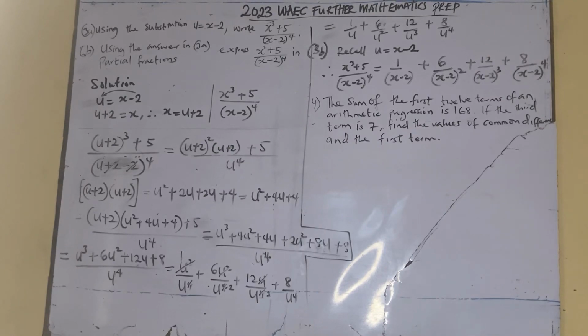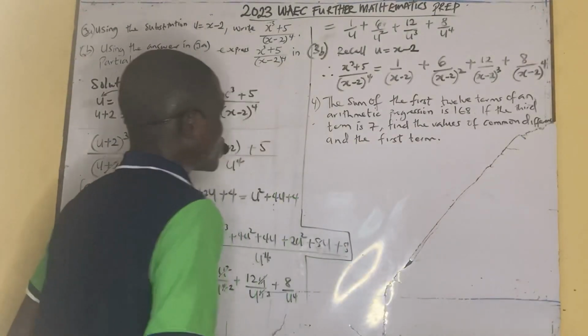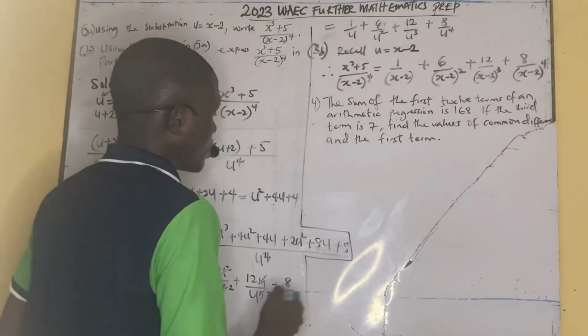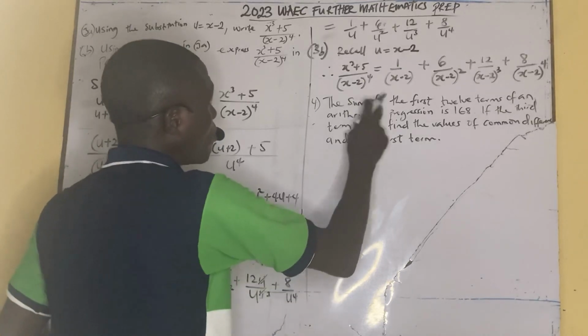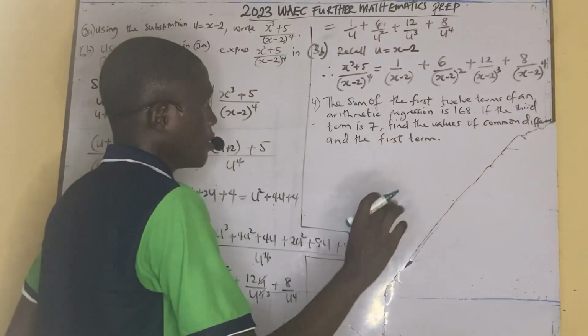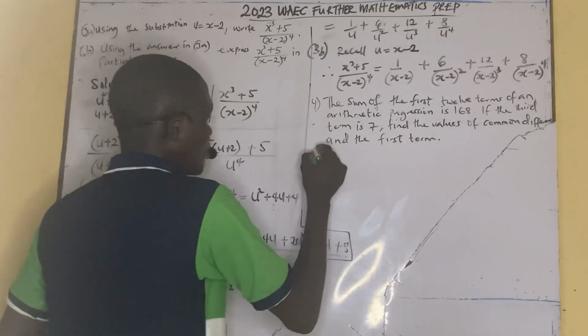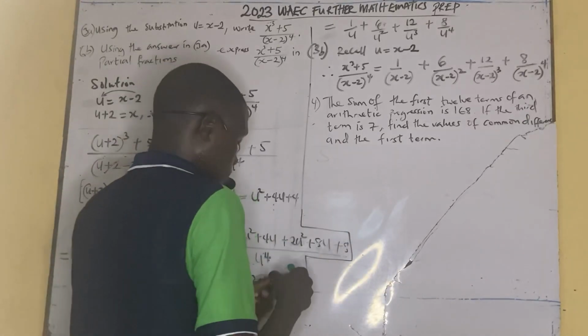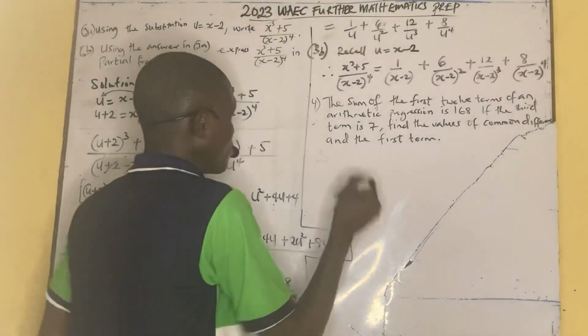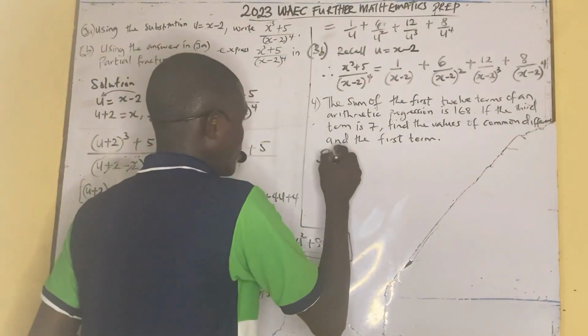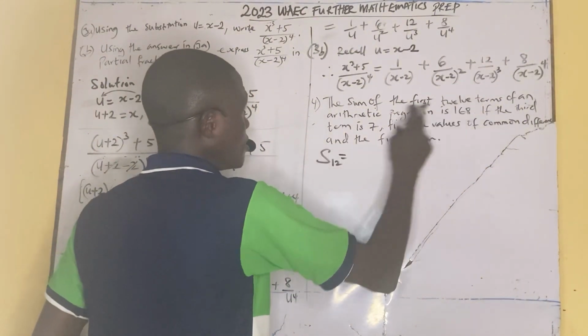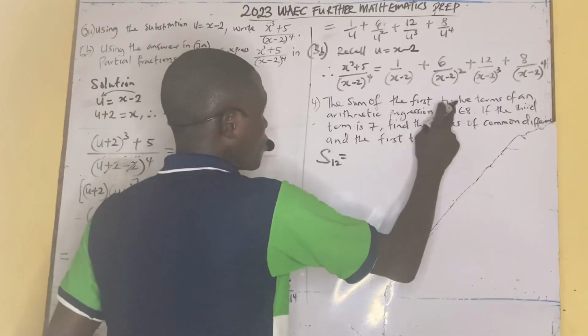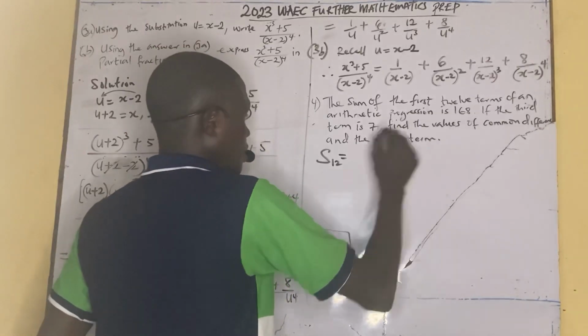So the next question, which is question number 4. Please note that it says the sum of the first 12 terms of an AP is 168.